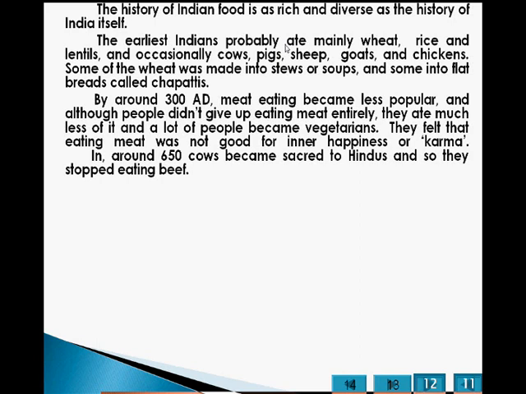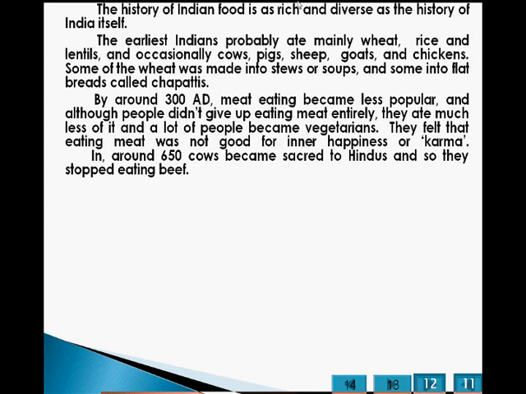It says by around 300 AD, meat eating became less popular, and although people didn't give up eating meat entirely, they ate much less of it, and a lot of people became vegetarians. So of course, here again, the main idea of paragraph 3 is that eating of meat became less popular.